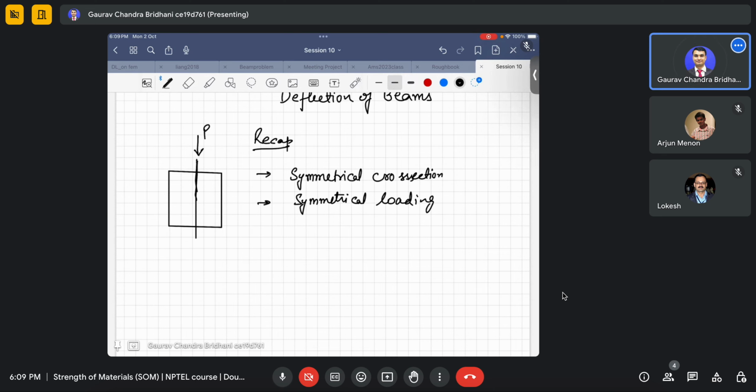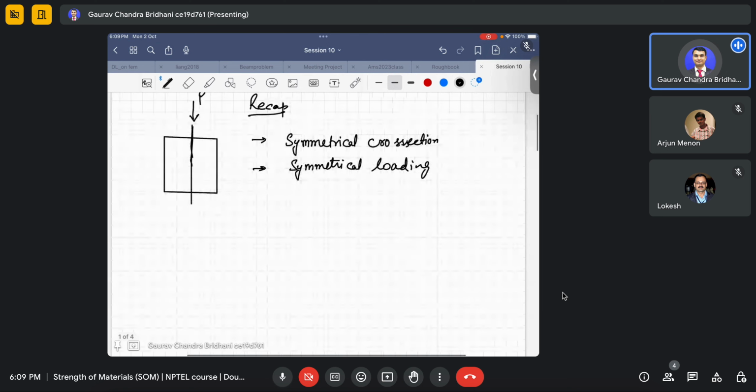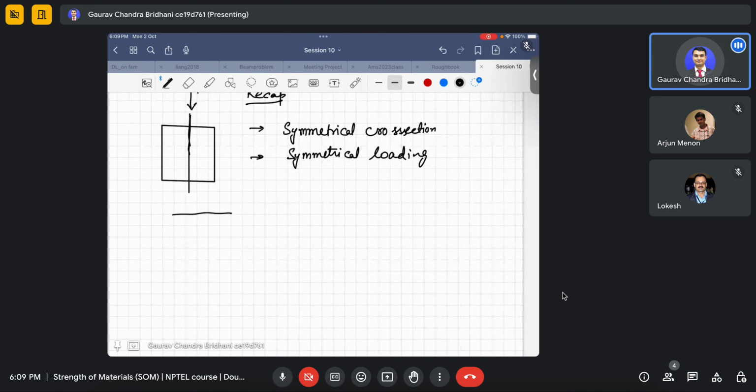By symmetrical section, as I told, there should be one axis of symmetry, specifically a vertical axis or vertical plane of symmetry. You can see examples like this, beams with such cross sections, also something like this. It has a vertical plane of symmetry.